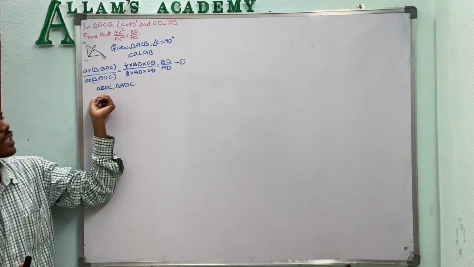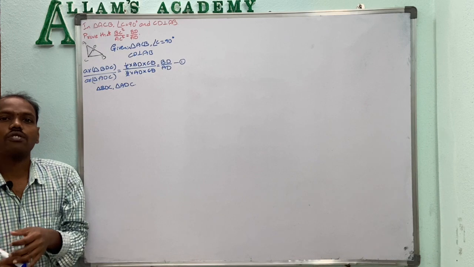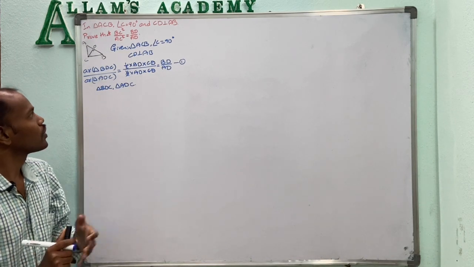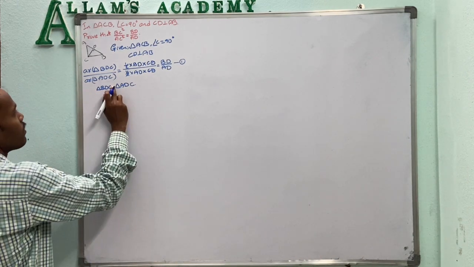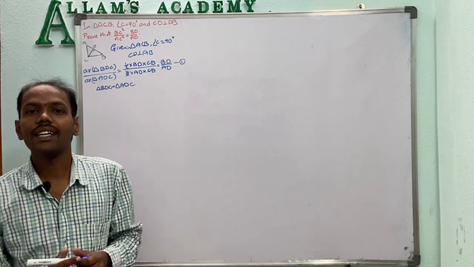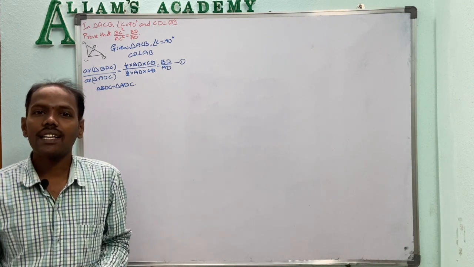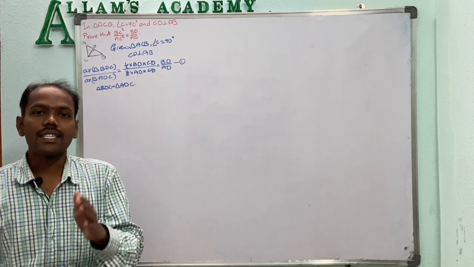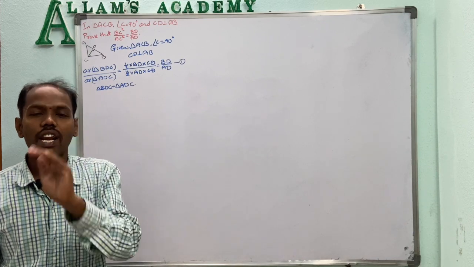So these two triangles are similar, so their corresponding sides ratio is the same. If two triangles are similar, then the ratio of the areas of the triangles is equal to the square of the ratio of their corresponding sides.